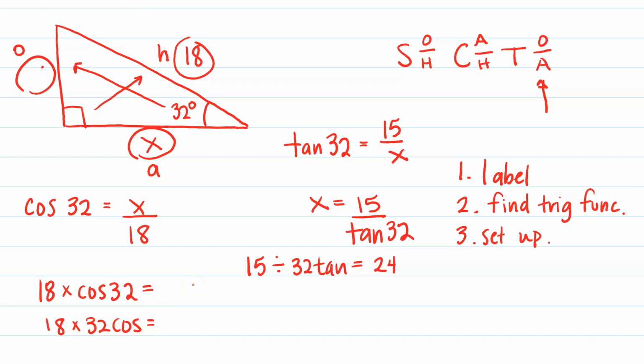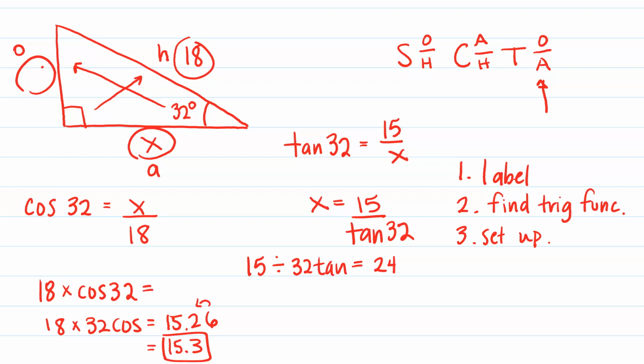So let's go 18 times 32 cosine equals, and that came out to 15.26. If I was asked to round this to the nearest tenth, which is what you would be doing on the test, this would become 15.3 as my answer. Okay, and those three, labeling and picking the right trig function, is the basics of that test.